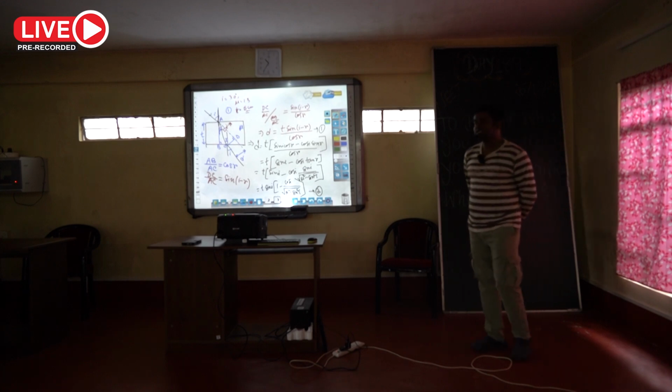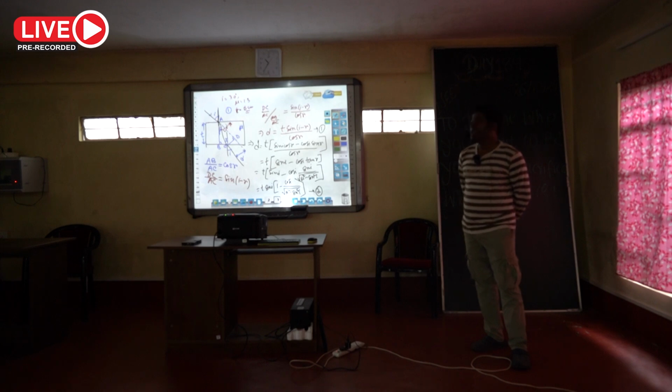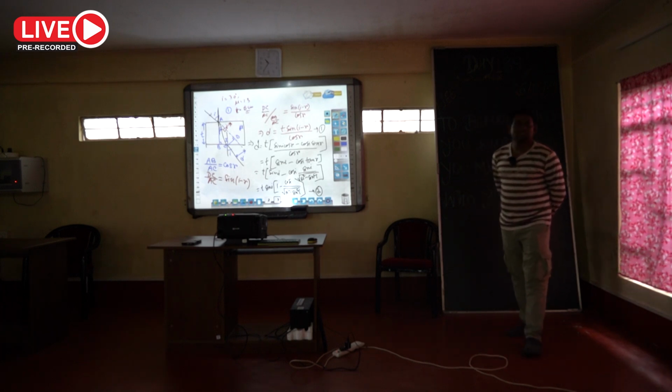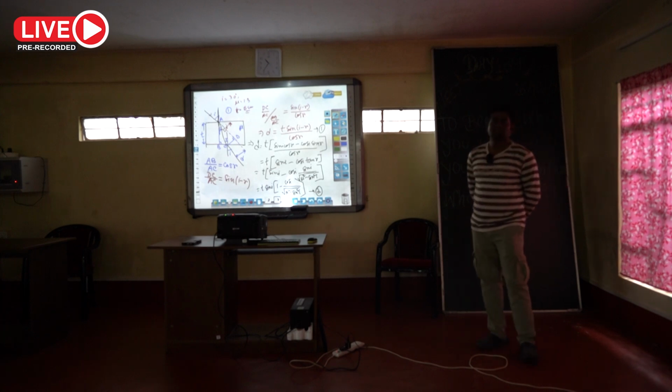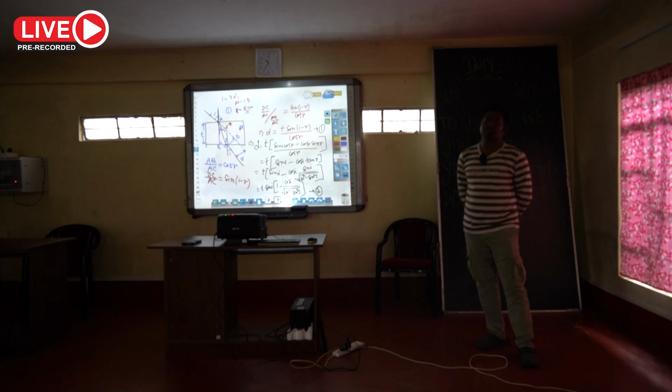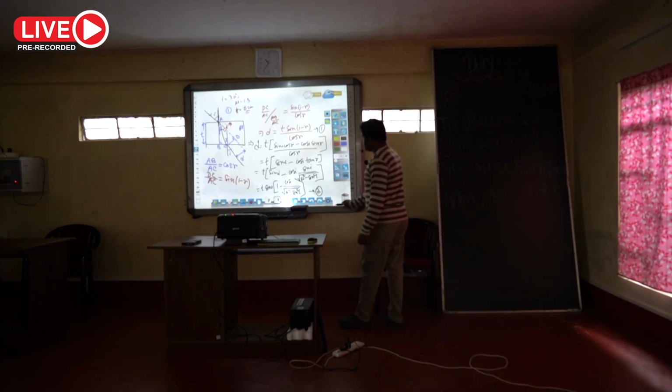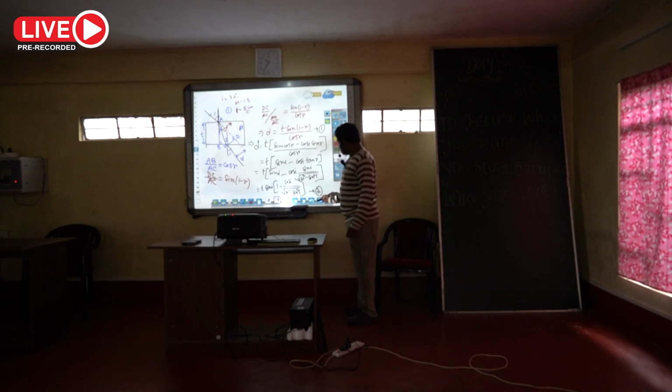Now, if it is given that angle of incidence I is very small, then we can make some approximation that I tends to 0. If I consider I tends to 0, then sin I will become I and cos I will become 1.